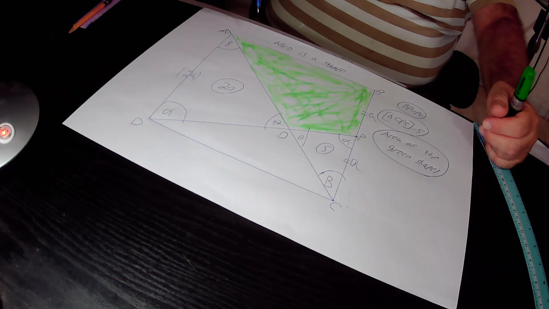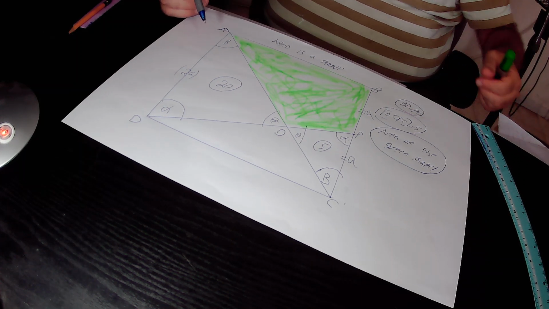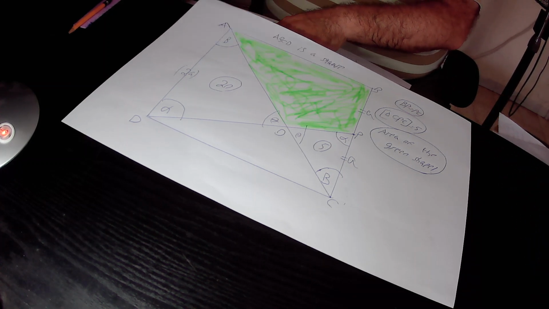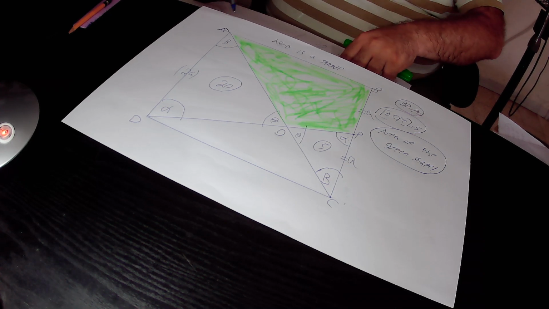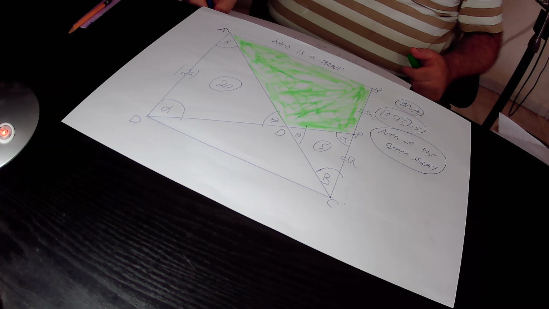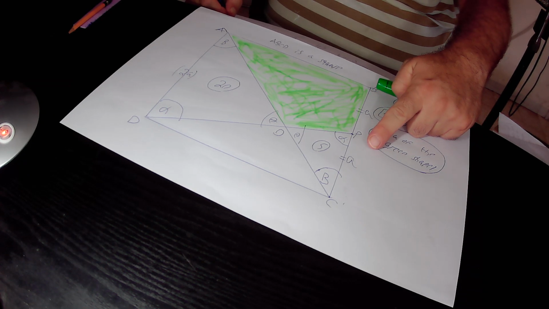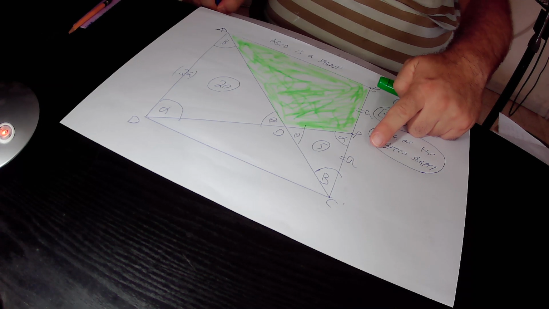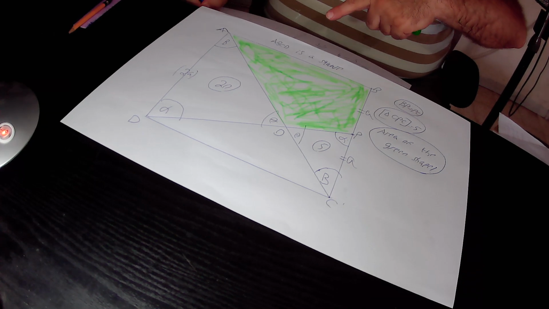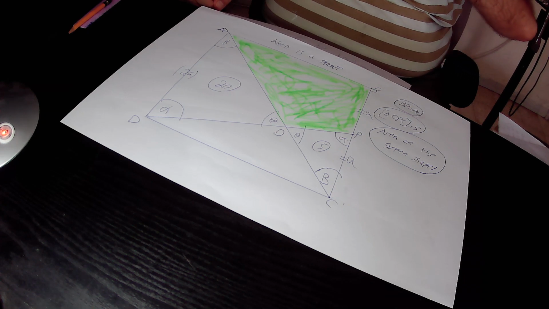And because the big triangle ADO is similar to the small triangle COP, the following relationship exists between their sides. Side AD of the big triangle ADO over side PC of the small triangle COP is equal to side AO of the big triangle ADO over side OC of the small triangle POC.